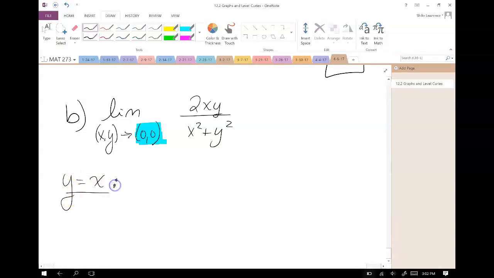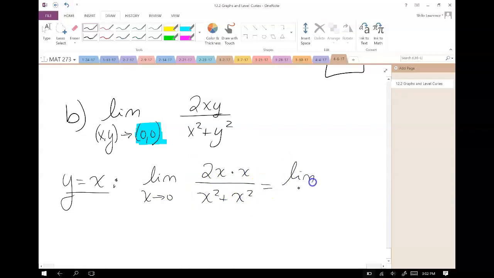So I'm going to replace all of my y's with x's. And what do we get for our limit? So we get 1.